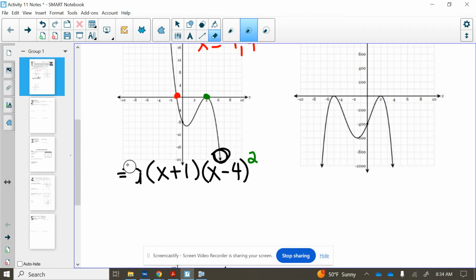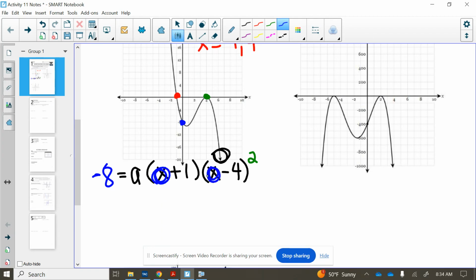Now, we can find that value of a by plugging in our y-intercept, that is at -8, because when our x value is 0, we know it's coming out to be -8. So if we solve this little equation, 0 plus 1 is 1, 0 minus 4 is -4, but -4 squared is positive 16.